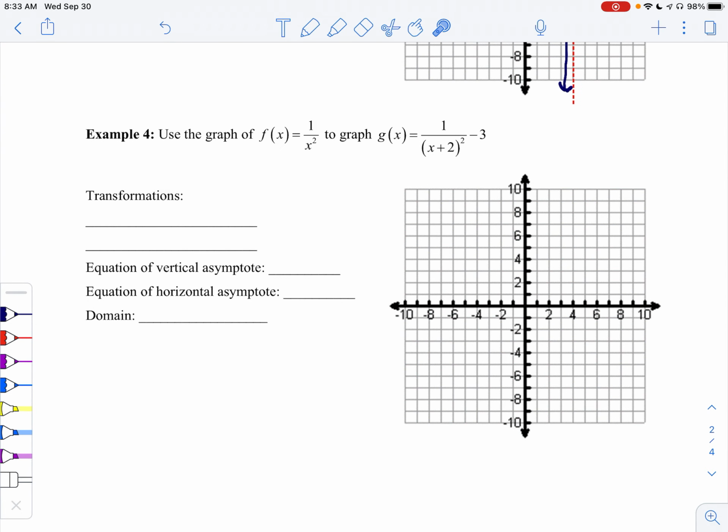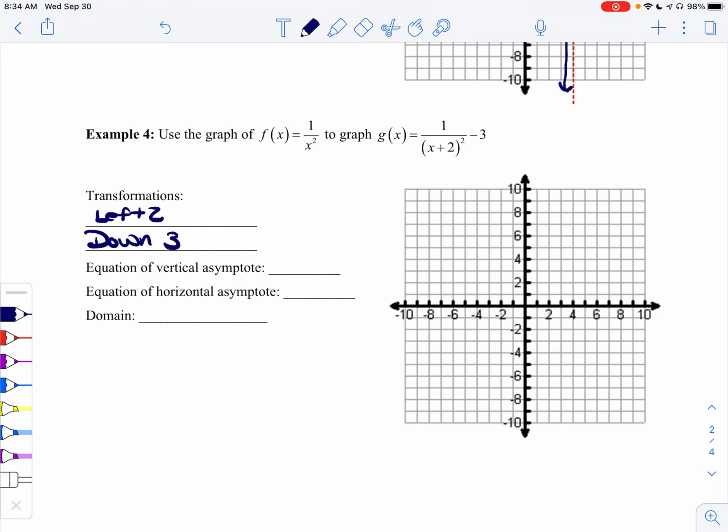Okay. All right, so if we look at our g of x function, all the square here is telling us is that this is our parent function, the 1 over x squared. So we need to focus on the x plus 2, which is inside of parentheses, so that's going to be taking our graph left 2, and then the minus 3 out on the end is going to take our graph down 3.